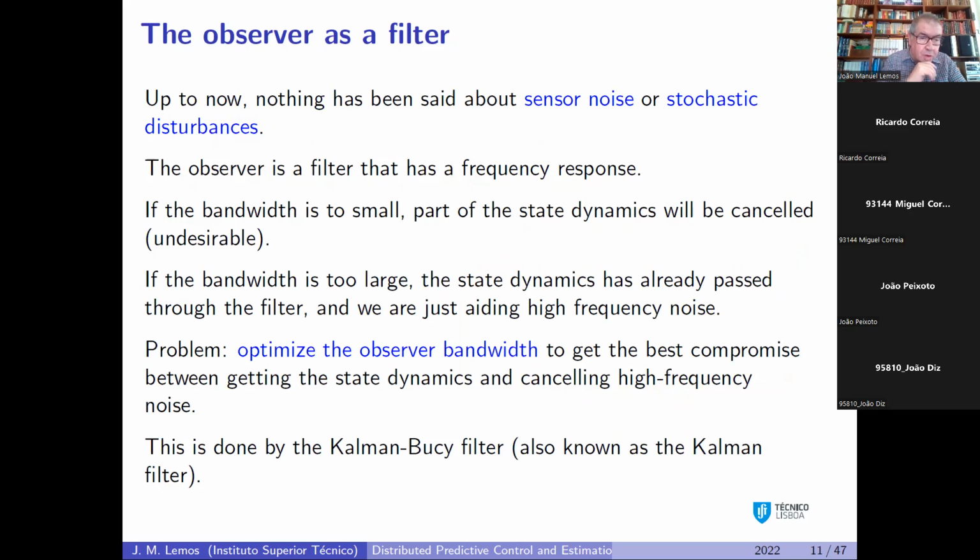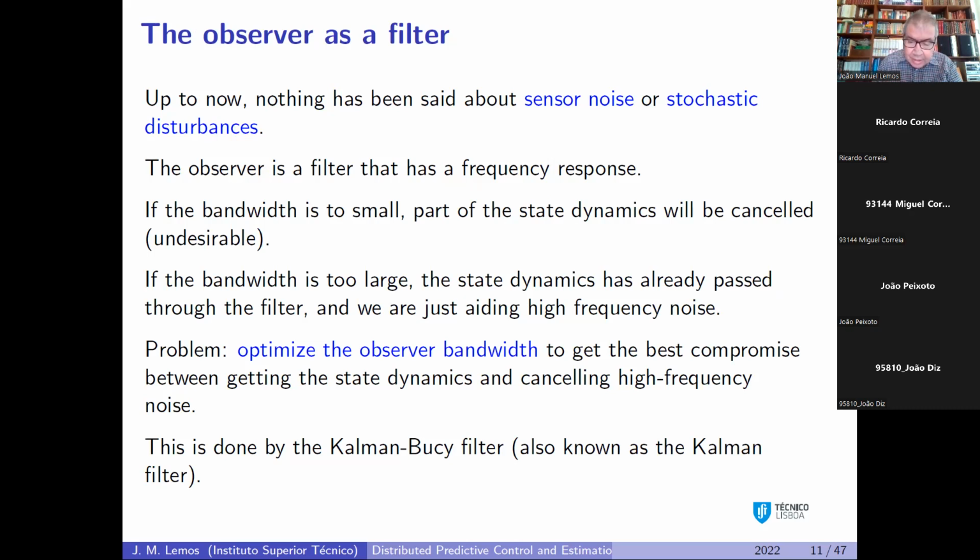Now, before moving to more general cases, I would like to call your attention to the fact that these observers or state estimators are filters. So what is a filter for an electrical engineer, and I think also for a mechanical engineer or even an aerospace engineer?